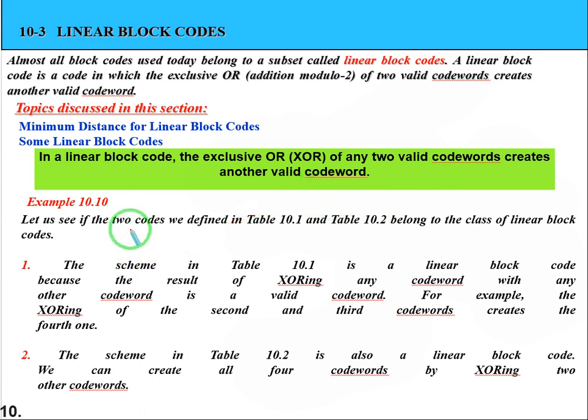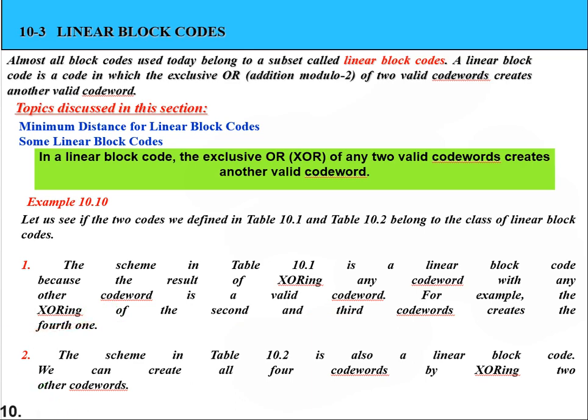Let's see, according to this example. Example 10.10: let us see the code we defined in table 10.1. Table 10.1 and table 10.2 belong to the class of linear block codes. For example, the scheme in table 10.1 is a linear block code, because the result of XORing any code word with any other code word is a valid code word. For example, the XORing of the second and third code words creates the fourth one.